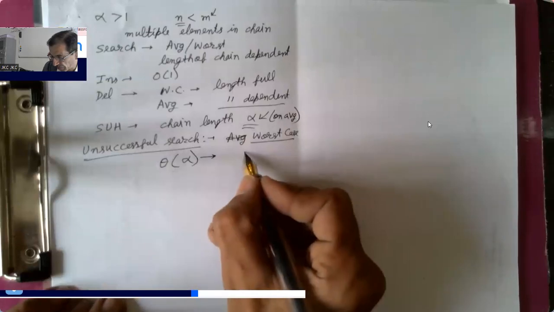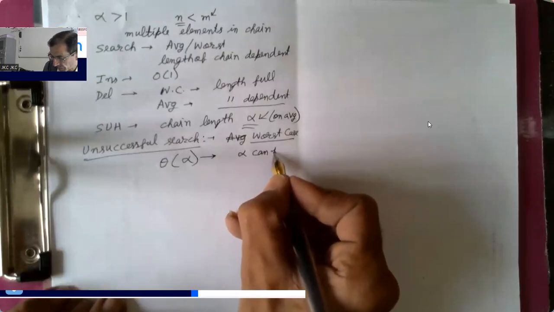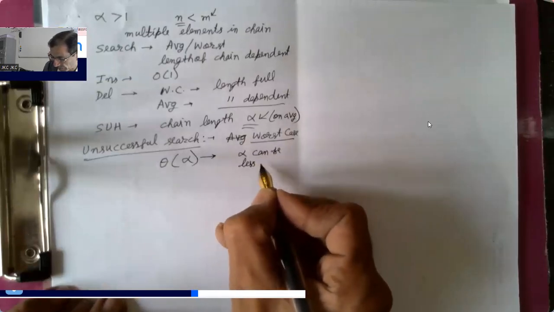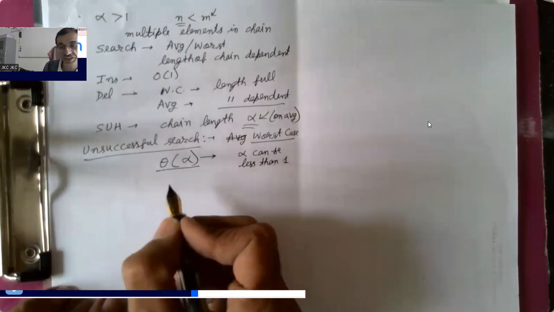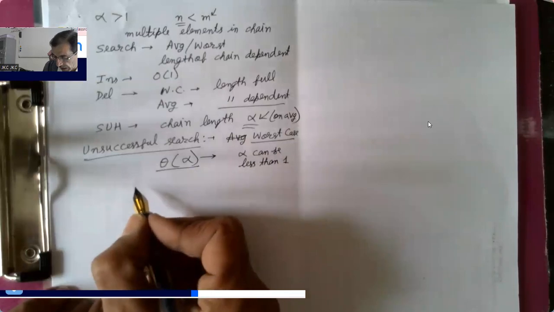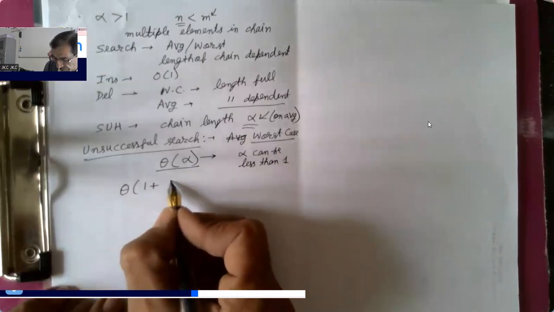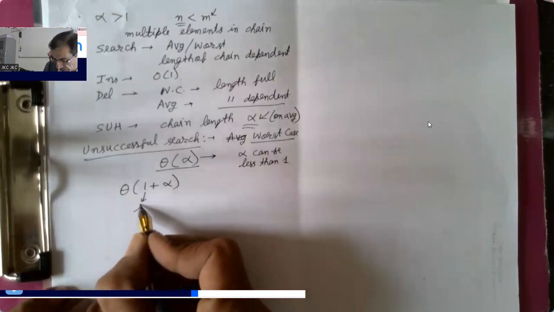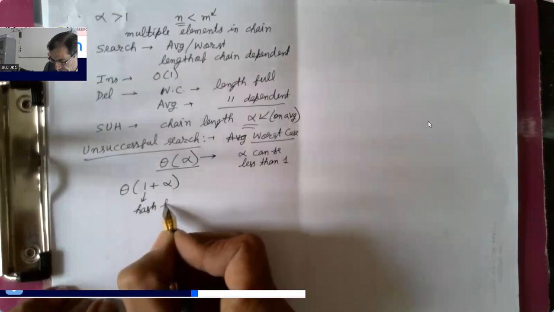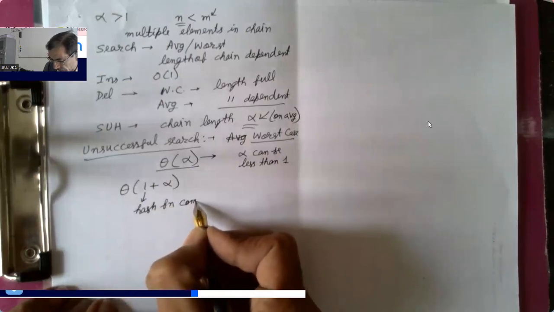write, because alpha can be less than 1 also in some cases. If alpha is less than 1, this notation will be incorrect. So I will say the unsuccessful case in general is theta of 1 plus alpha, because one time will be hash computation. That calculation has to be done.